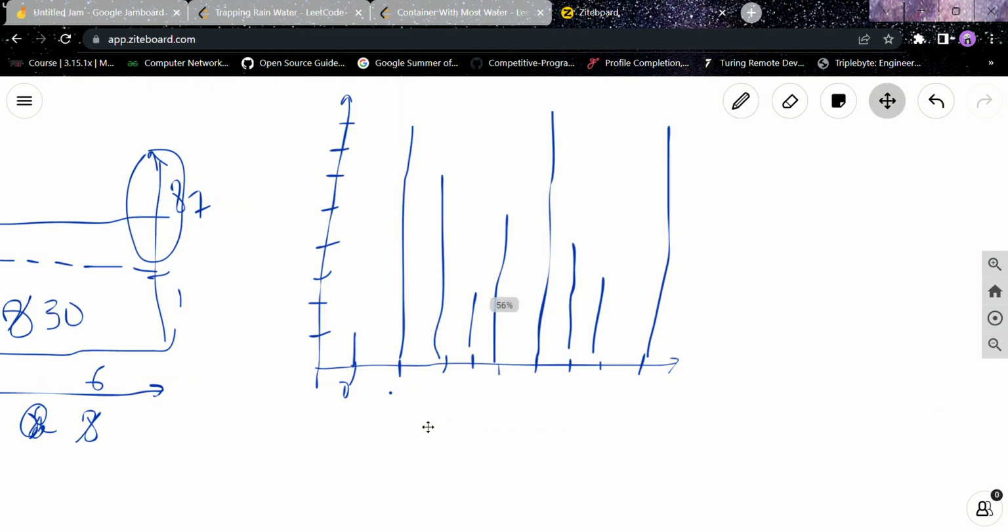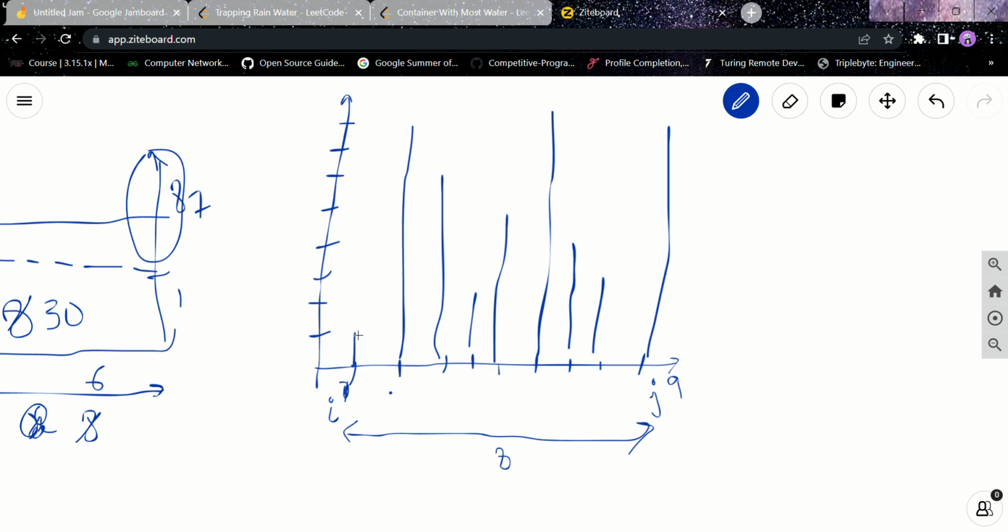For that we will first compare the base. Let's have two pointers, i and j. I is pointing to the first element and j is pointing to the last element, that is the 9th element. Now the distance between them is 9 minus 1, which is 8.